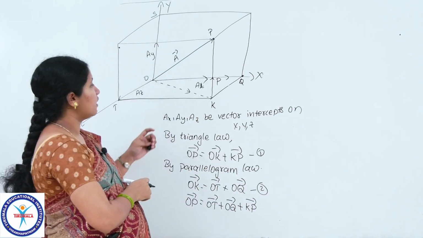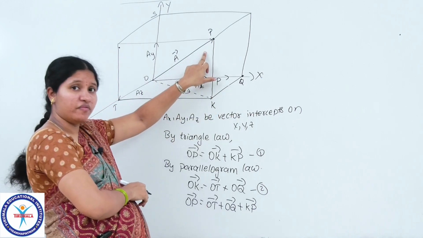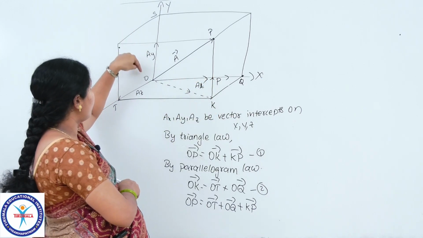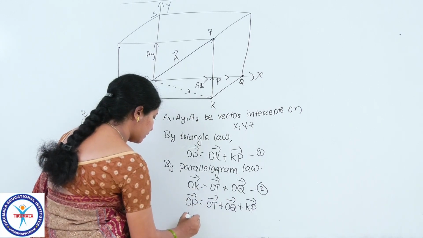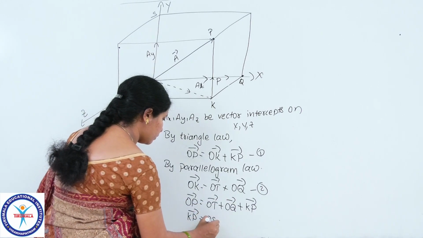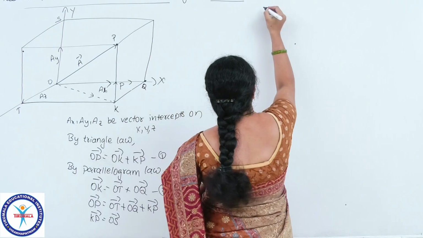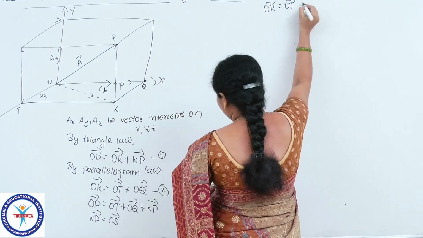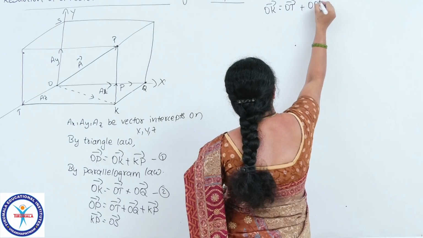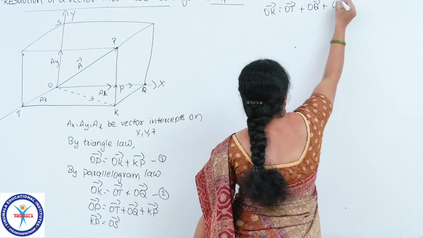If you see, the value of KP will be equal to the value of OS. So we can write KP bar is equal to OS bar. So OP bar is equal to OT bar plus OQ bar plus, in place of KP bar, substitute OS bar.